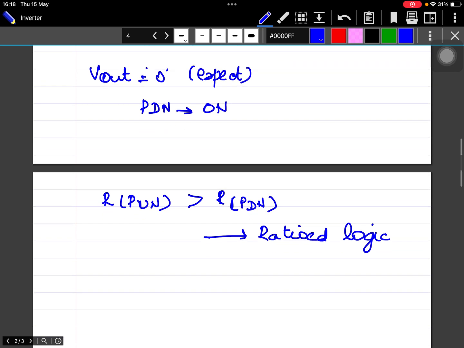So in terms of strength, what can I say? I can decrease the strength of the pull-up network to be lower than the strength of the pull-down network. In terms of strength, I can write it as strength of pull-up network should be less than strength of pull-down network.